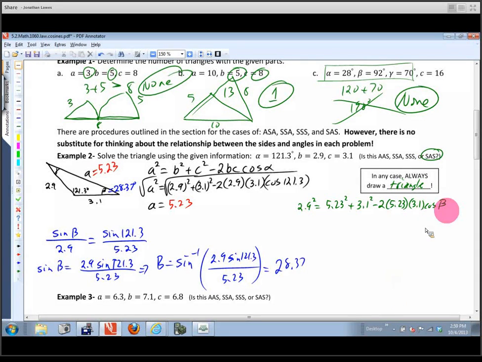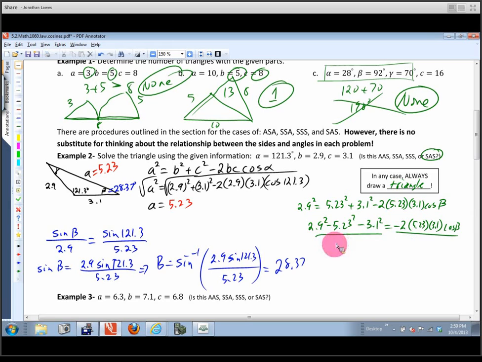Well, in order to get beta by itself, here's what we need to do. Let's move these two terms to the other side. So 2.9 squared minus 5.23 squared minus 3.1 squared. And then I'd have minus 2 times 5.23, 3.1, cosine beta. So I'm going to take everything and divide by these guys right here.